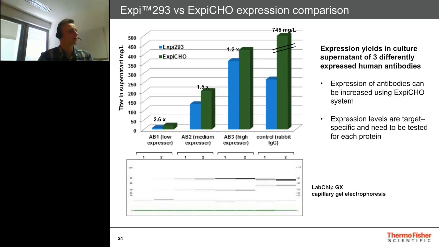So the XBCHO system can increase the expression, but that's not necessarily the case for all proteins, right? It's really target specific, and it needs to be tested for each protein.